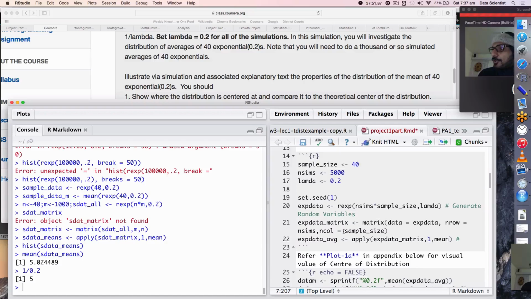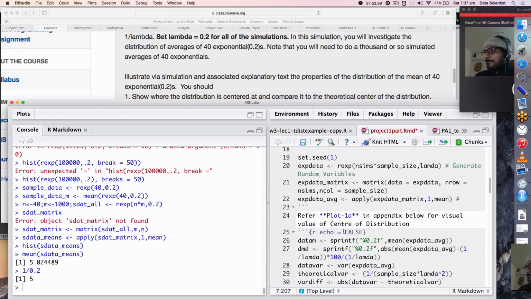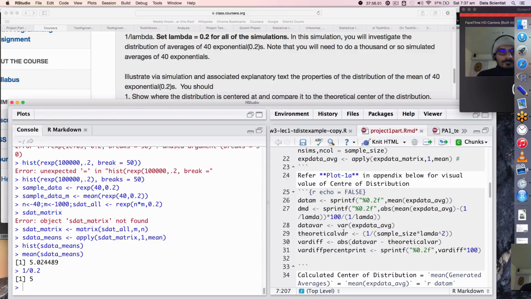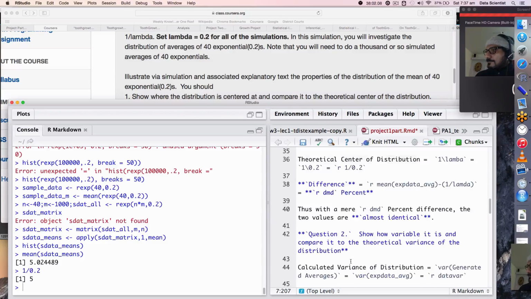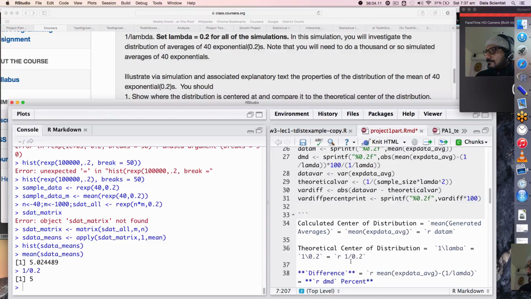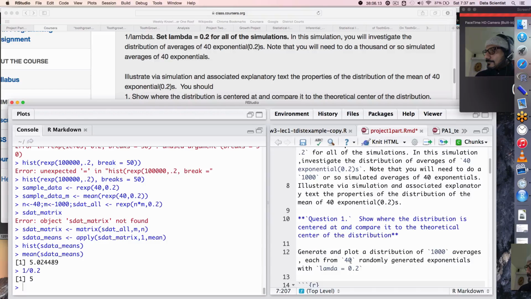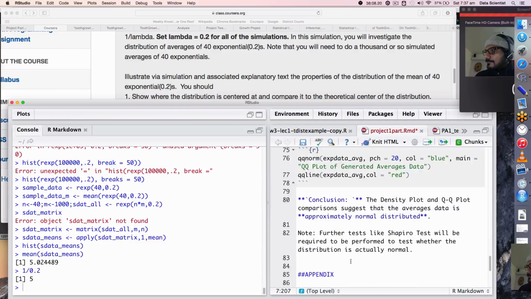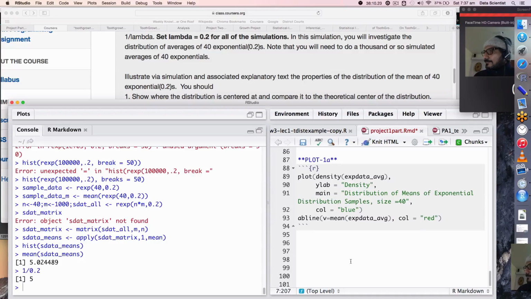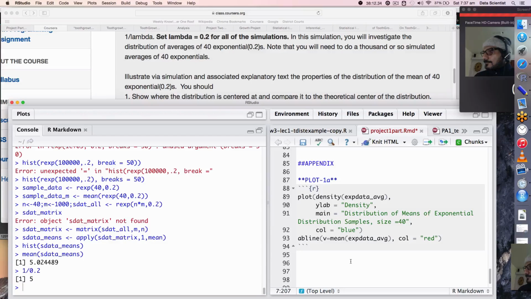I will walk you through my code as well. Okay. All right. By the way, there's an easier way to plot, right? I was doing histogram, right?